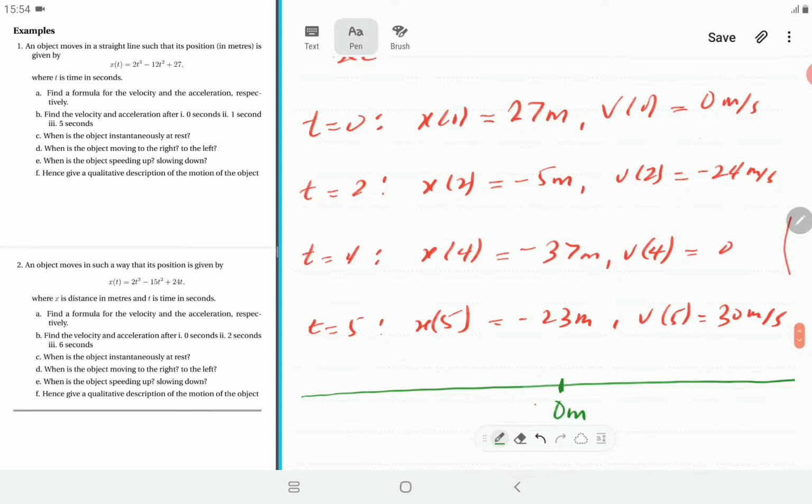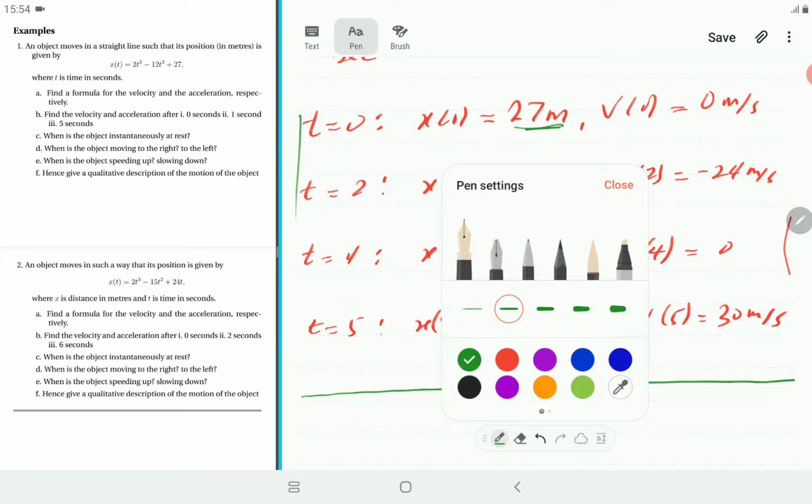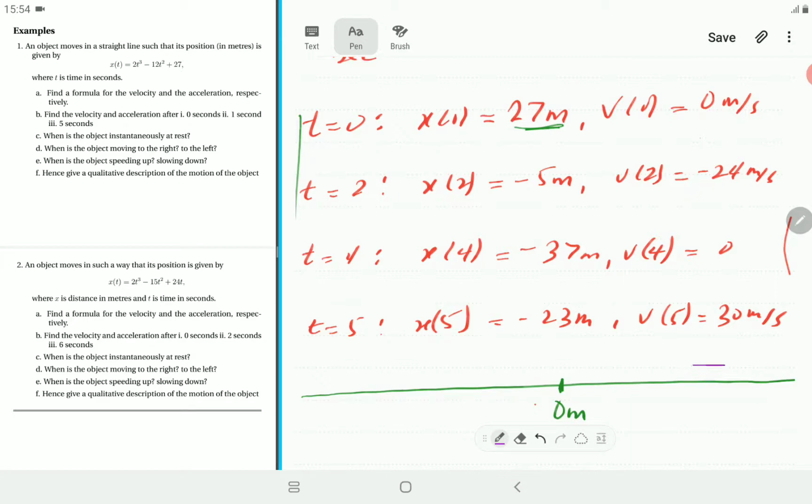What this information is telling us is that at 0 seconds, initially, the particle is located 27 meters to the right of the origin, say somewhere there.